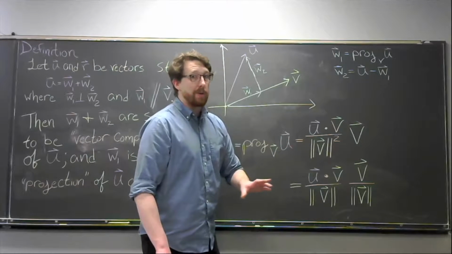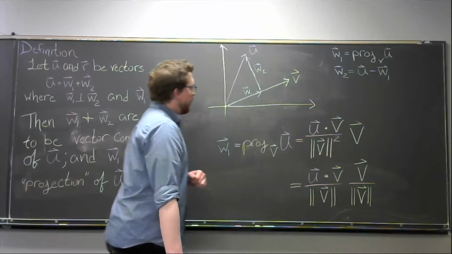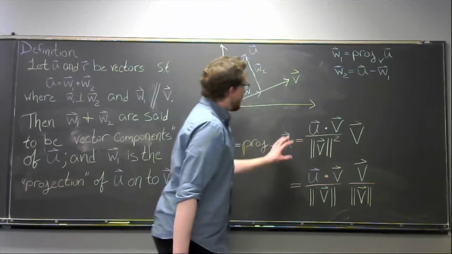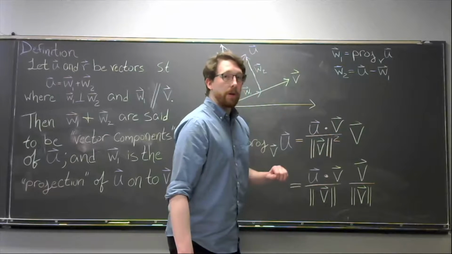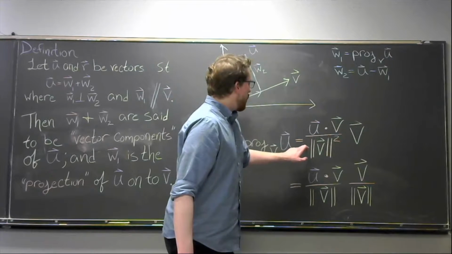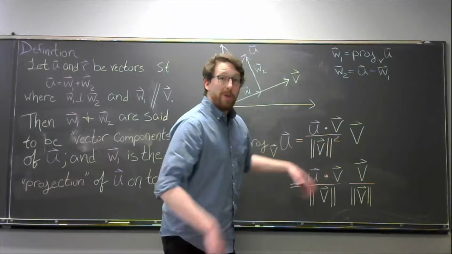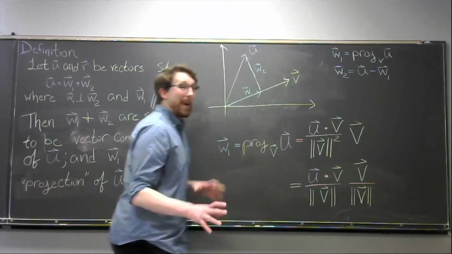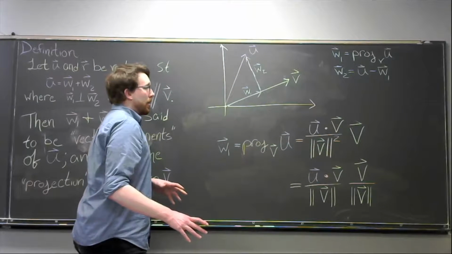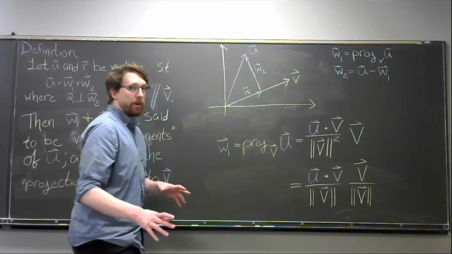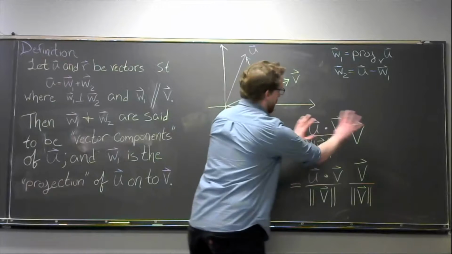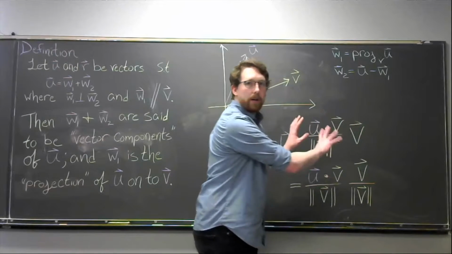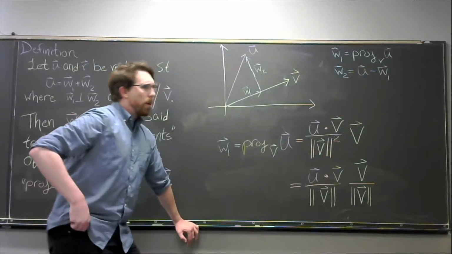Let me be honest with you, it's a mess. This thing is equal to the dot product of u and v divided by the norm, or the magnitude, of v squared, times v. Okay, there's a lot of moving parts here. This makes no sense algebraically yet, right? Like, what are we talking about?